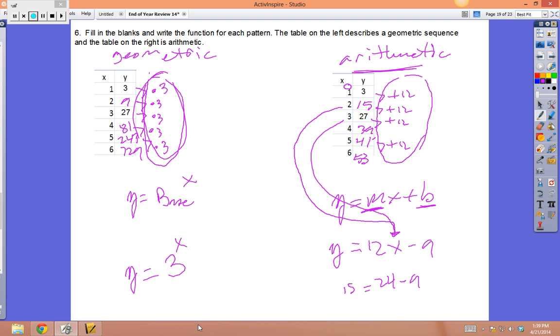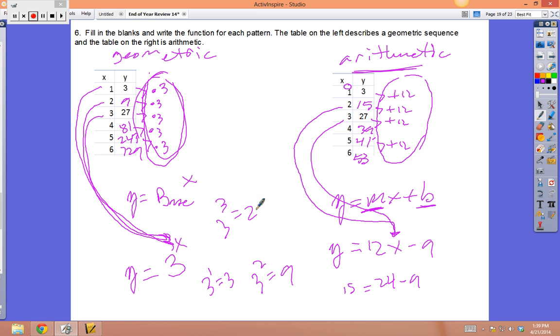So let's try it. When I plug in 1 for x, it's asking you to do 3 to the first. If I plug in 2 for x, it's asking you to do 3 squared, which is 9. If I plug in 3 for x, it's asking you to do 3 cubed, which is 27. So times by 3 over and over. Exponential functions grow by multiplication. This is going to be your base.